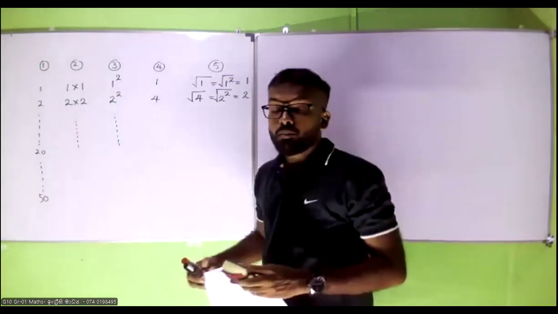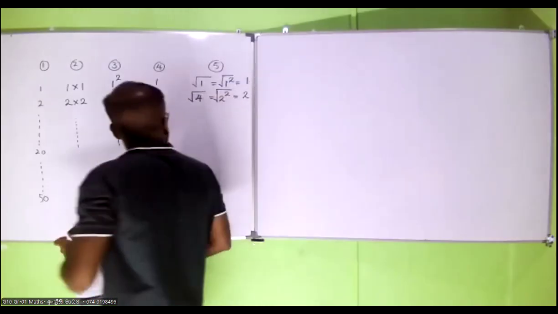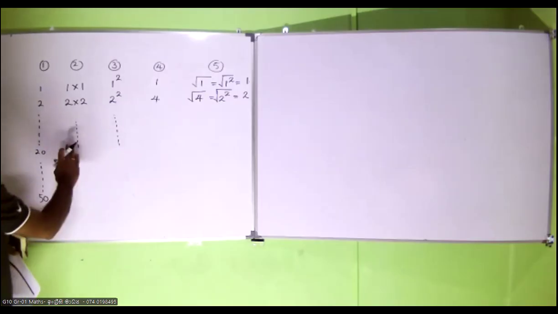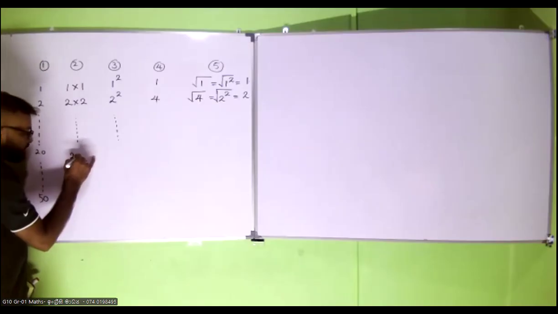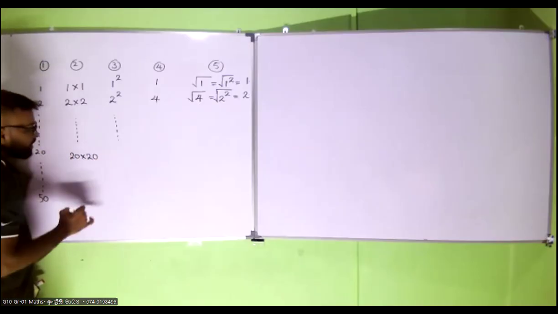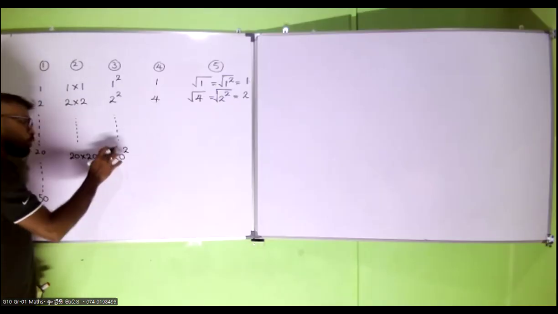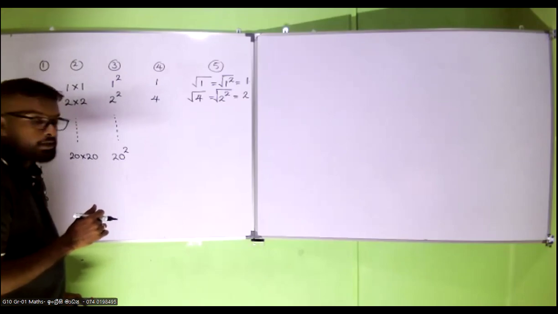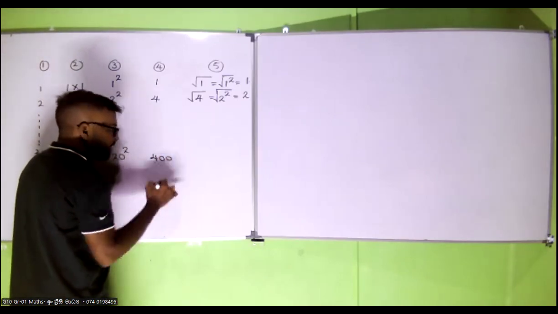Right. So now I am going to give you a small hint. It is something like this. Here you have 20. So this can be written down as 20 times 20. 20 times 20 means 20 to the power 2, so that means 400.